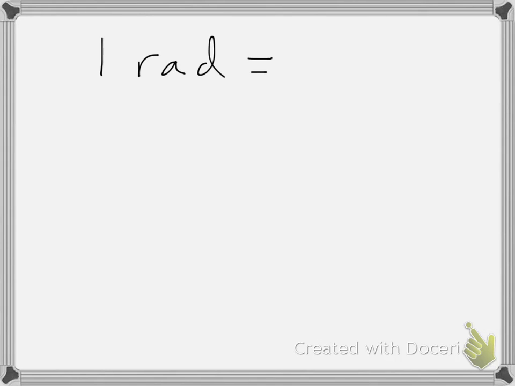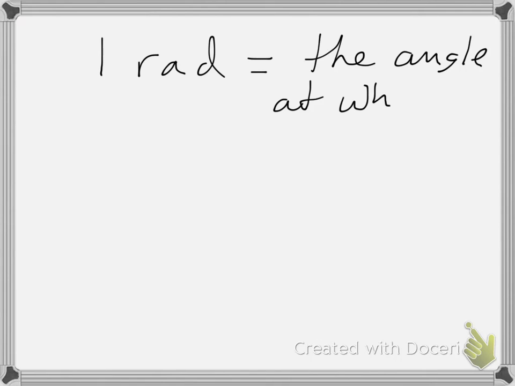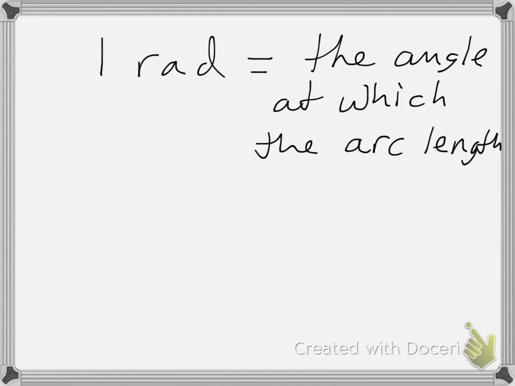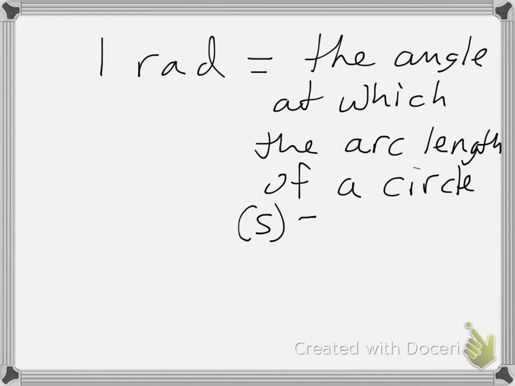So 1 radian is equal to the angle at which the arc length of a circle, we denote that by the letter S, equals the radius.